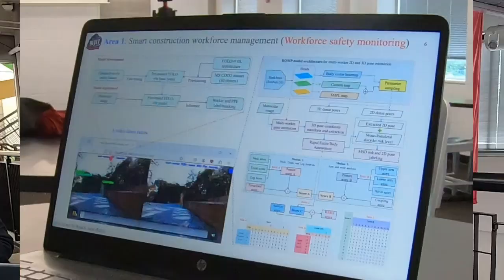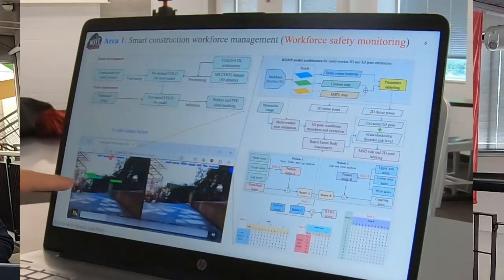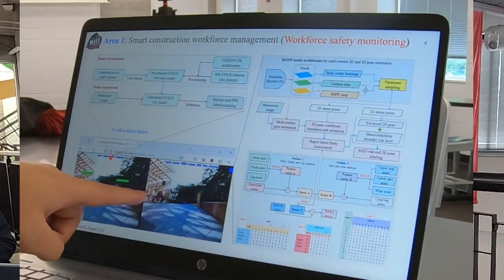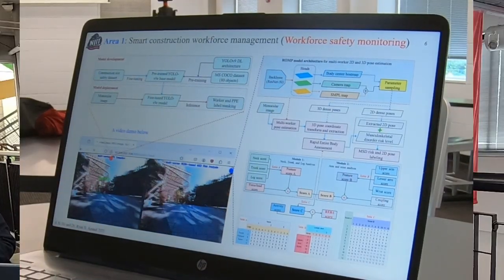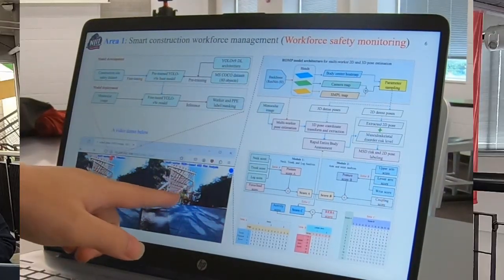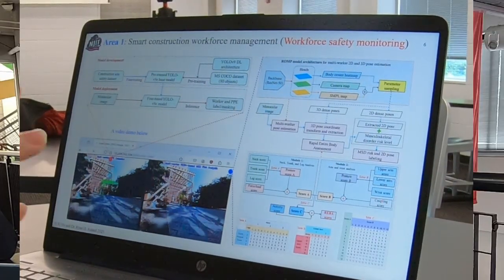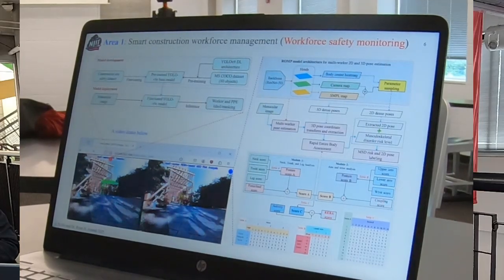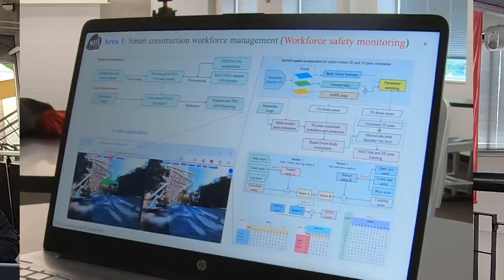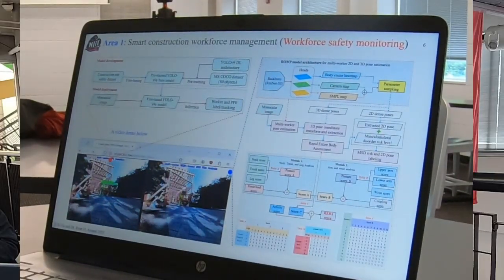And once it reaches somewhere to capture a good view of the construction site, it's going to start doing the things I mentioned: the PPE detection, the MSD risk analysis, and also the productivity analysis. Yeah. So this is a case study we did at a temple structure installation site.